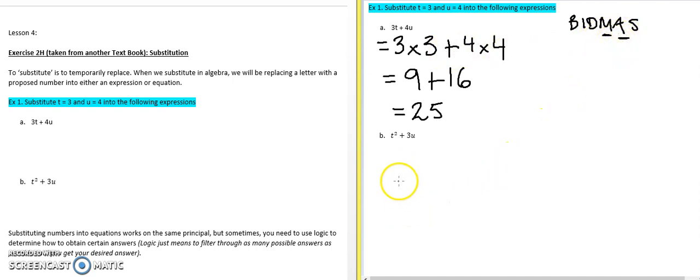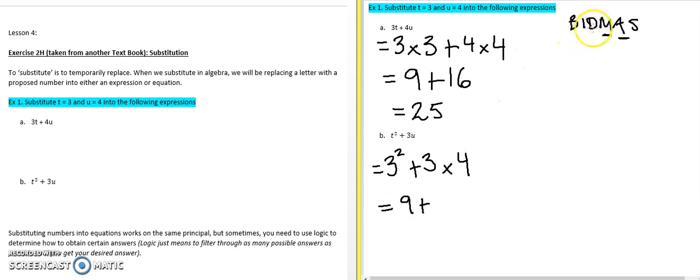The second one is t squared plus 3u. So anywhere we see a t, we're going to replace it with the number 3. So this is equal to 3 squared plus 3 times u, which is 4. Again, BIDMAS, any brackets, nope, indices or anything with a power, we work out first. 3 squared is just 3 times 3, 9.